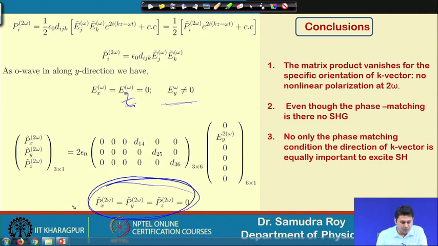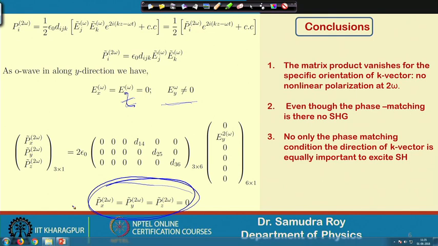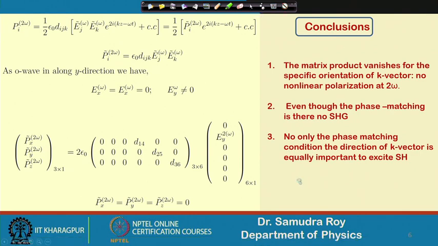So there is no polarization at 2 omega frequency, which means there is no second harmonic generation. This is a very important example showing that phase matching is not the only criterion to generate second harmonic. There are other things you should keep in mind, and also we can tune or increase the efficiency of the second harmonic. How will we do that? Let us see in the next slide.